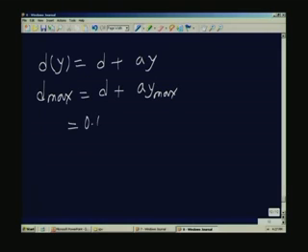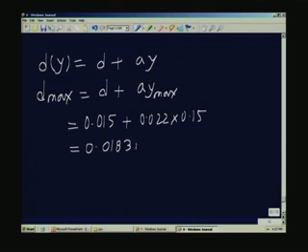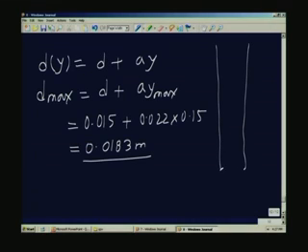D is 0.015 plus 0.022 into 0.15 Y max, this comes to 0.0183 meter. So, the inner diameter at entry, if you look at the rotameter tube, the diameter here is 15 millimeters, here it is 18.3 millimeters, and this length is 15 centimeters.